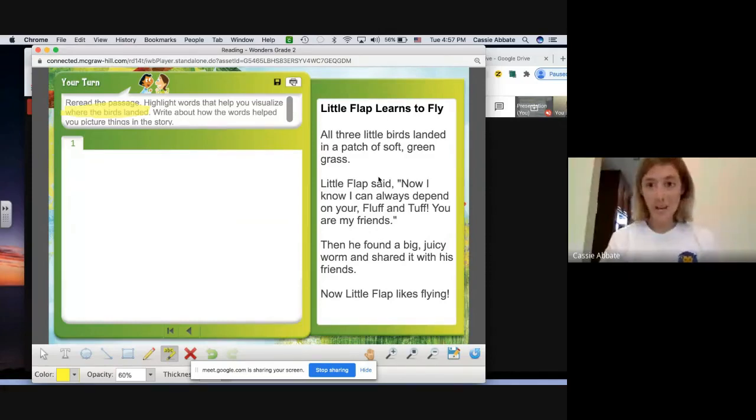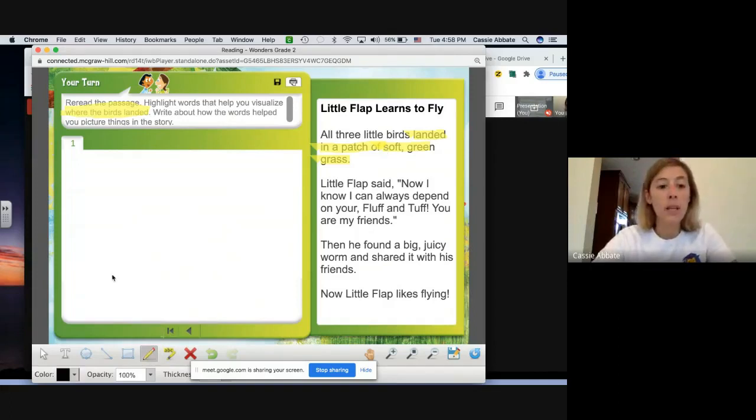All right, welcome back. So if you wrote down or drew soft green grass as to where the birds landed, then you are correct. The text says, all three little birds landed in a patch of soft green grass.